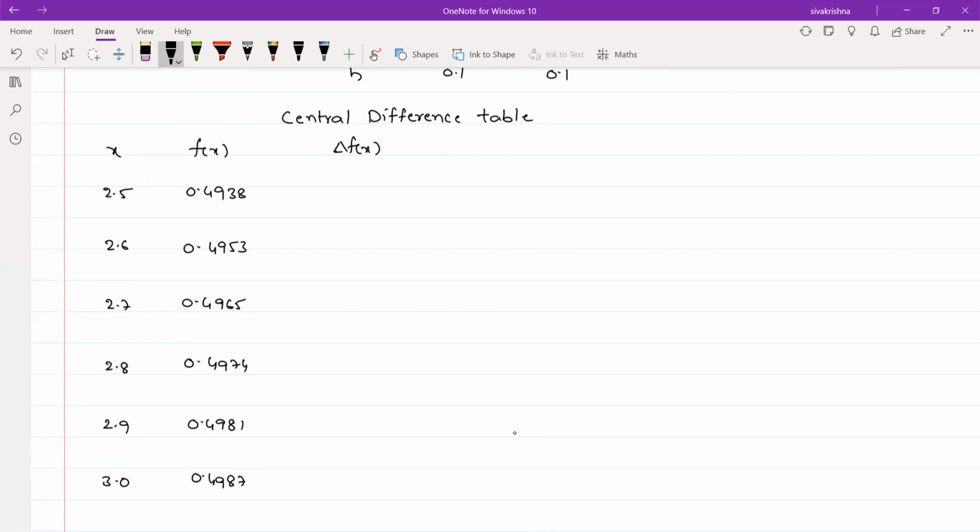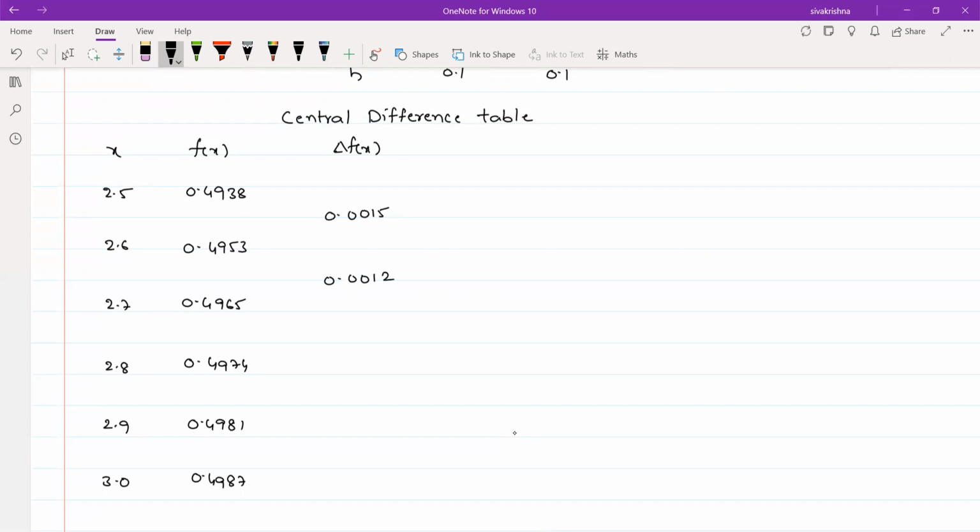Okay, 0.4953 minus 0.4938 gives 0.0015. And next, 0.4965 minus 0.4953 gives 0.0012.